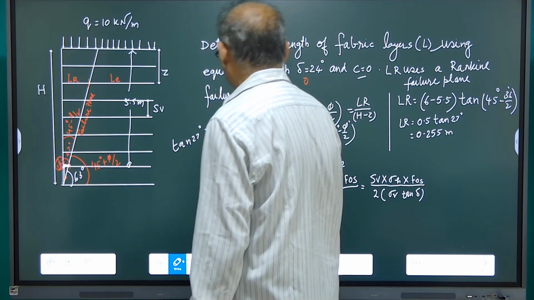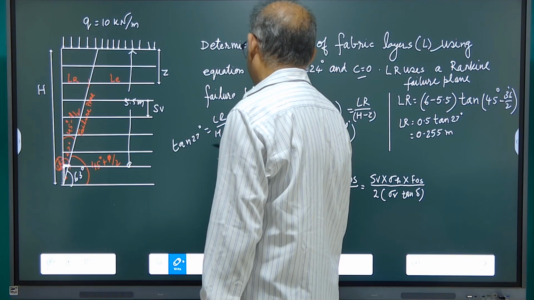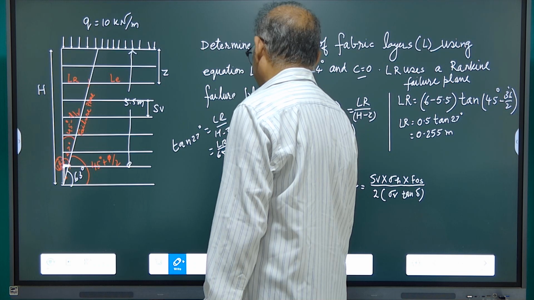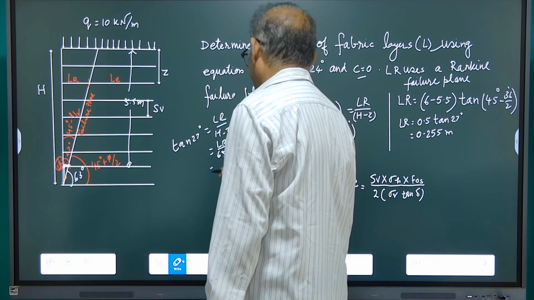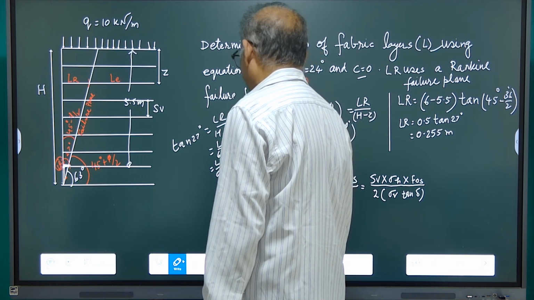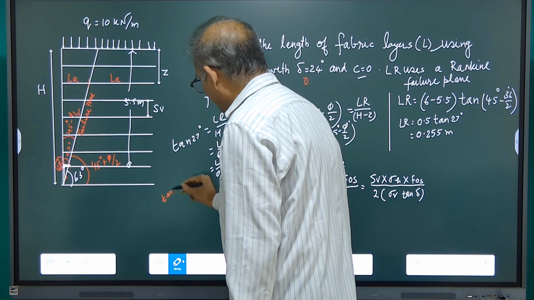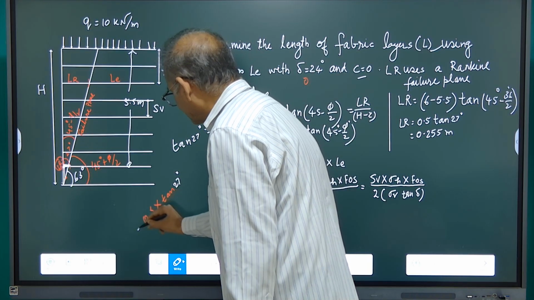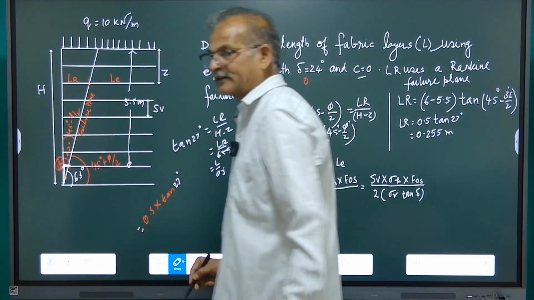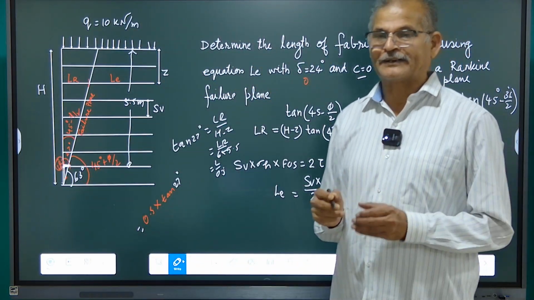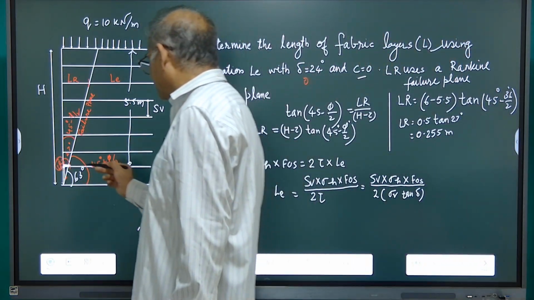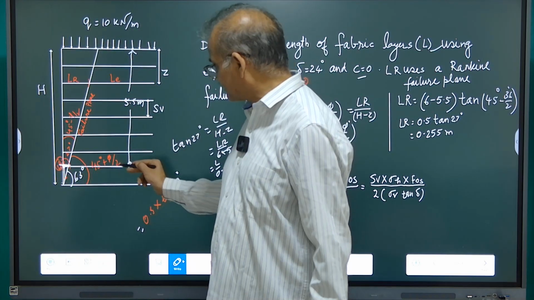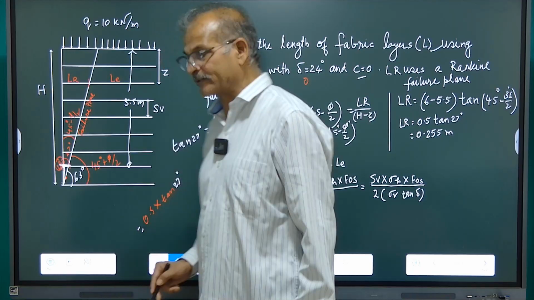This length is nothing but H minus z, means LR is equal to 6 meter minus 5.5. It has come LR over 0.5, tan 27 degree into 0.5 will be the length required in the active zone, which will not serve any strength, but this will be pulling this reinforcement outside due to active pressure.